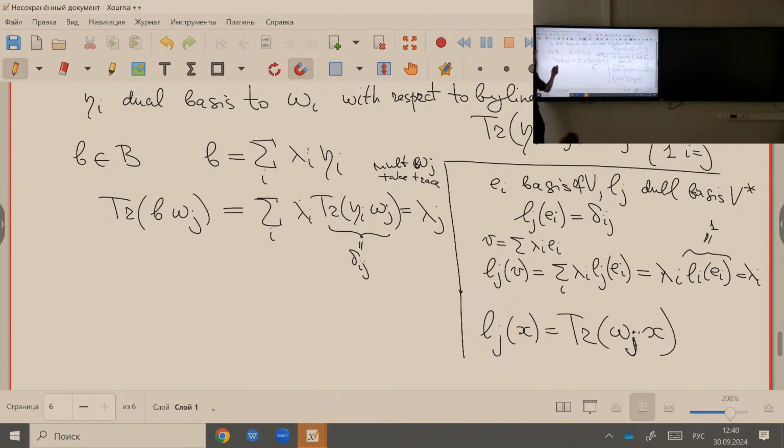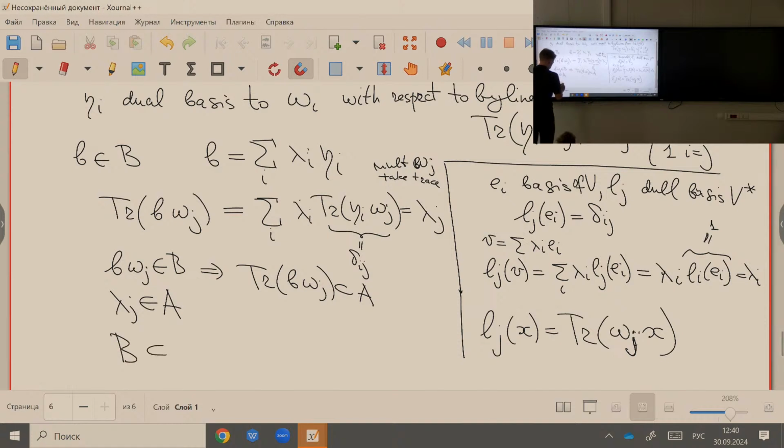And here, if b is integral, then b omega j belongs to B, and this implies that the trace belongs to A. So lambda j belongs to A, and you see that b is obtained. So you have put B inside the sum of A eta i. So we have bounded B between two modules.